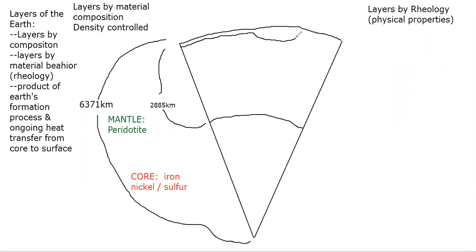This outermost layer is actually quite thin. This ocean crust is primarily made of a rock called basalt, and it tends to only be about 5 to 10 kilometers thick.